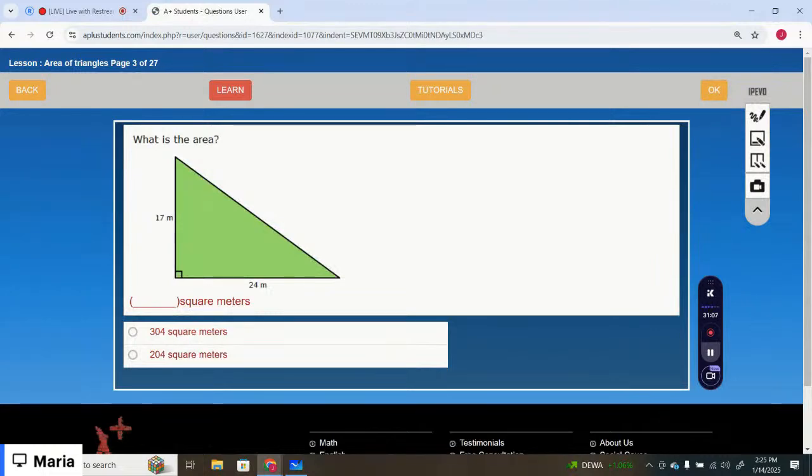What is the area? Which is the correct option? Do the calculations and write the correct option in the chat box.